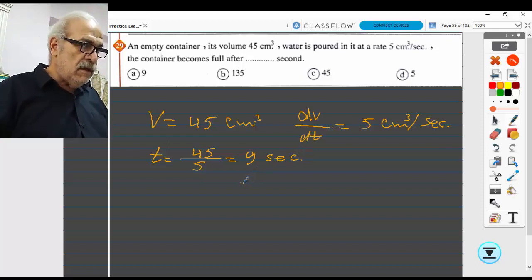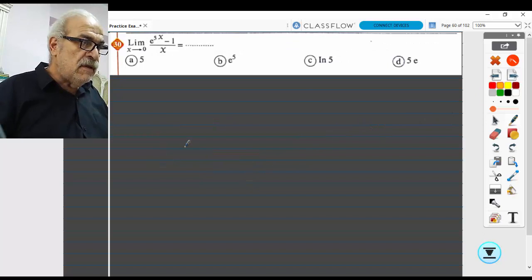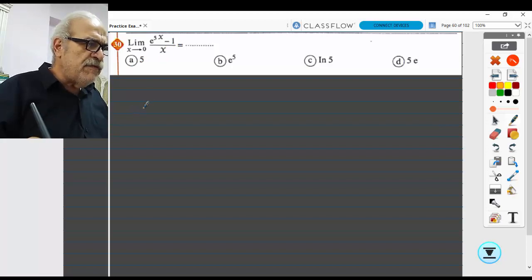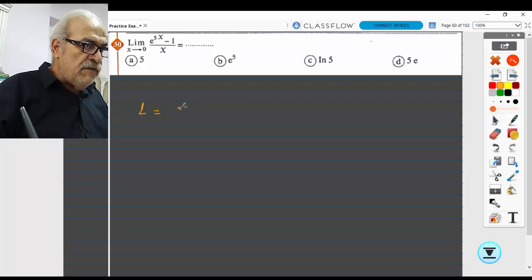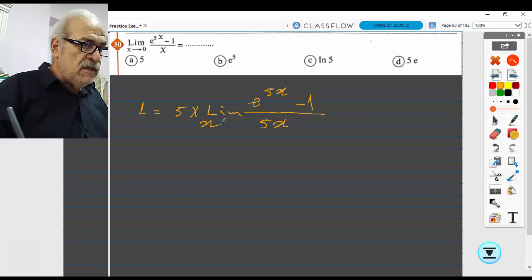Okay, now question 30. Limit of e power 5x minus 1 over x. Okay, multiplying up and down by 5, what do we get? We get the limit equals 5 multiply limit of e power 5x minus 1 over 5x as x tends to 0.